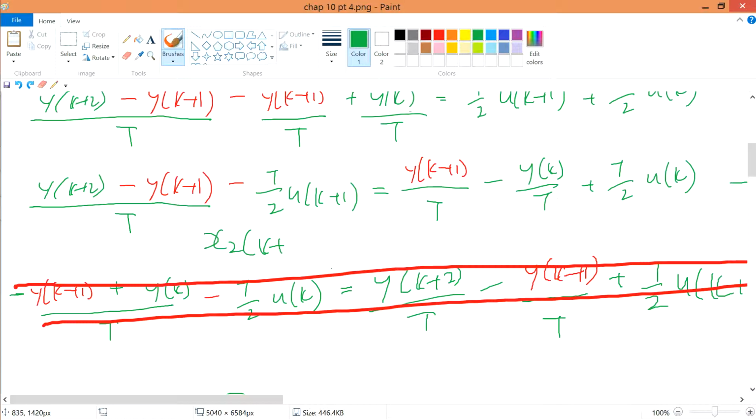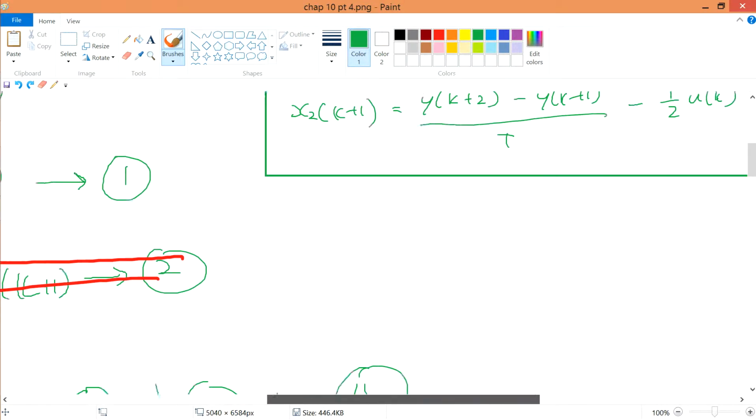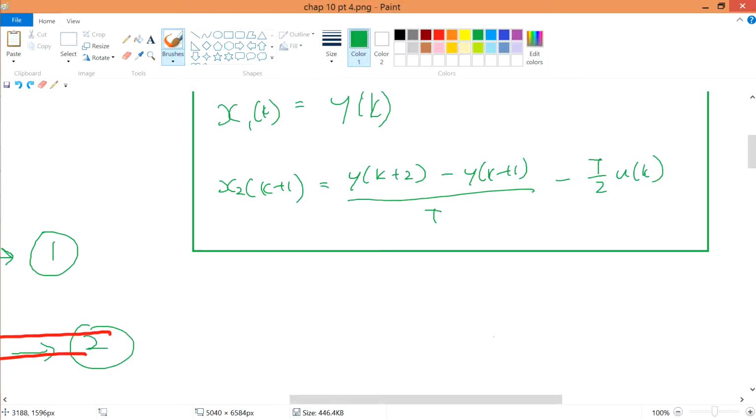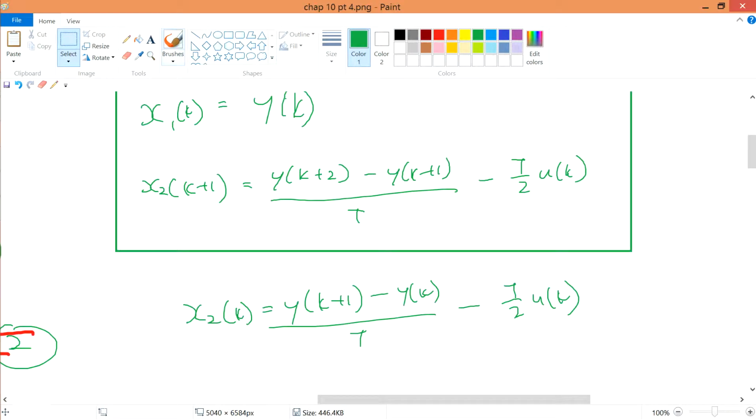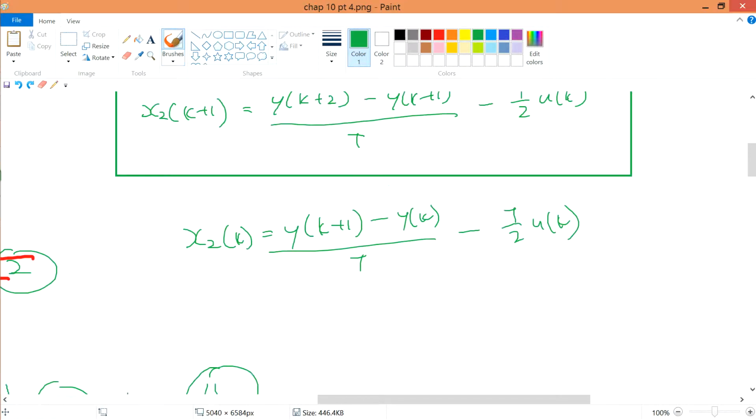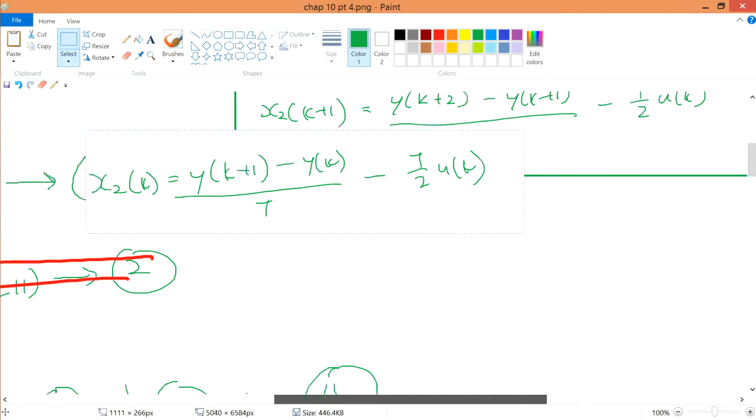From nowhere, because the lecturer told us that x2k is equal to this thing over here, yk plus 1 minus yk over t, minus t over 2 uk. You say that x2k is equal to this, but I don't even know how this comes about.